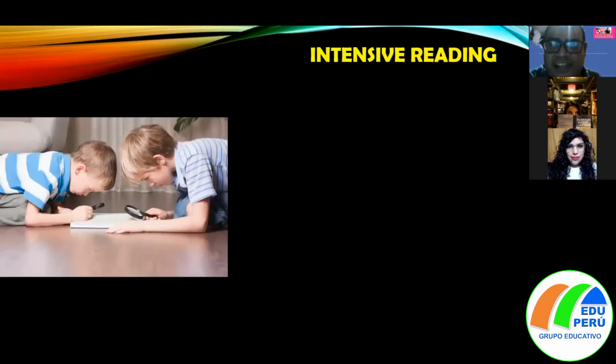What is intensive reading? Notice here the picture. What are the children doing? What are they doing? Can you tell me? What are they doing?